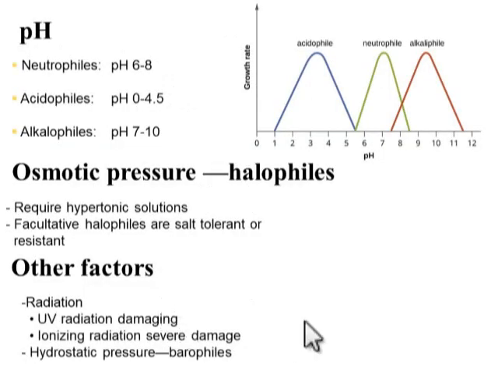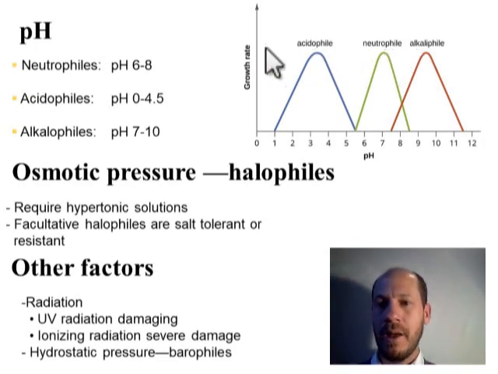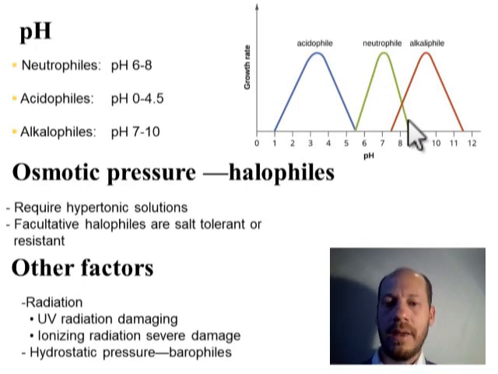So to finish this, we will talk about pH, osmotic pressure, and also some other factors. When it comes to pH, the microbes that like neutral conditions, around pH 7, are called neutrophiles. If they like acid conditions, like pH below 4.5, then you will call them acidophiles, like the acetic acid bacteria, for example.